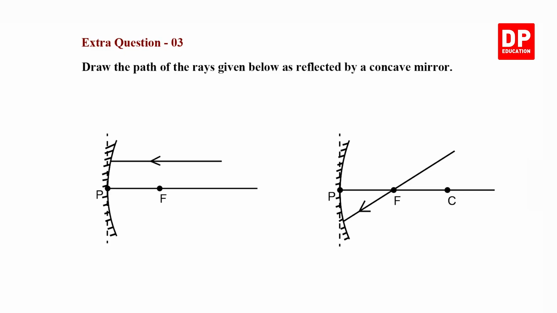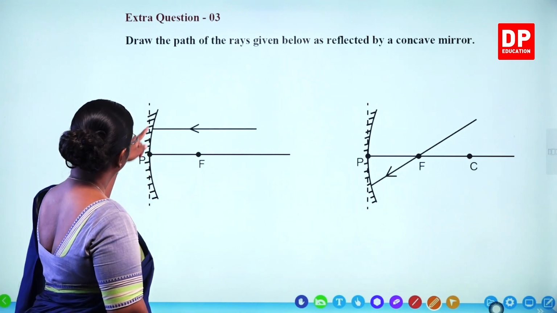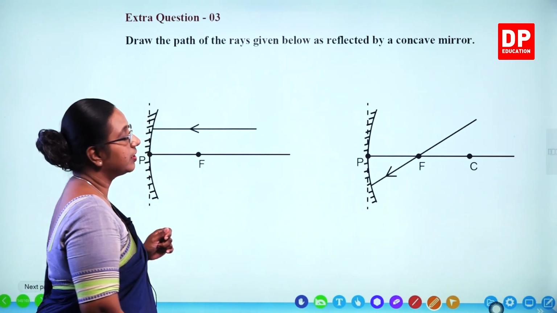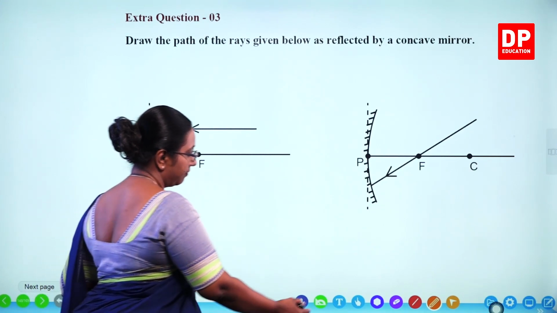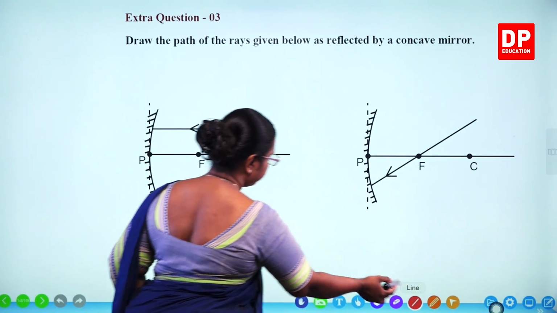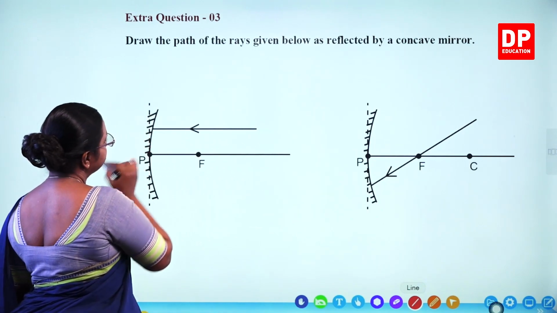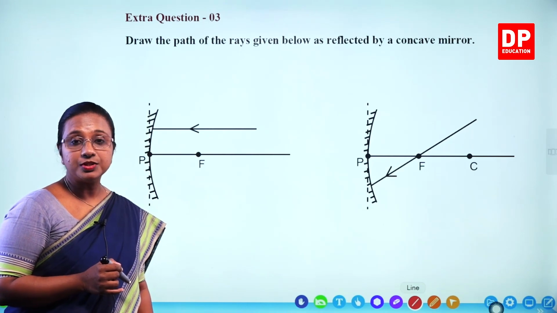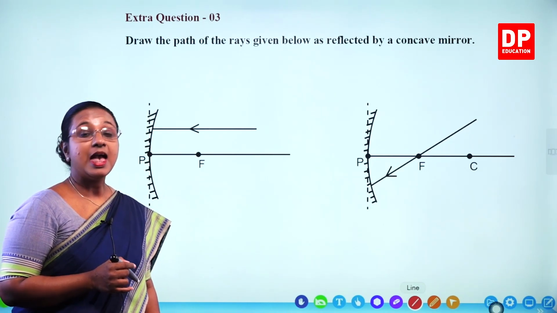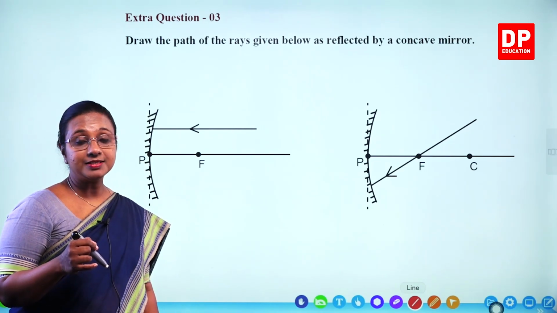Extra question 3. Draw the path of the rays given below as reflected by a concave mirror. So here you can see the concave mirror is shown to you. We need to draw the path of light. So here you can see the ray is coming parallel to the principal axis. How does that reflect?